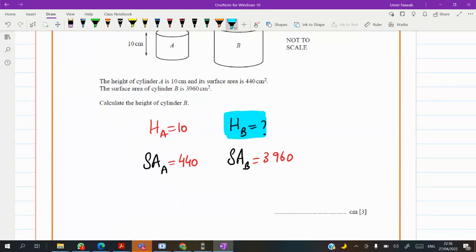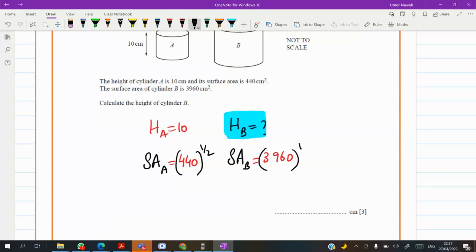If you want to find the height, you have to write the powers here. What are the powers I will write? Normally, we write height cubed, height of A, height of B, and here it is not cube, it is square for the areas, area of A and area of B. But if you want to write the square on the other side, it becomes square root.